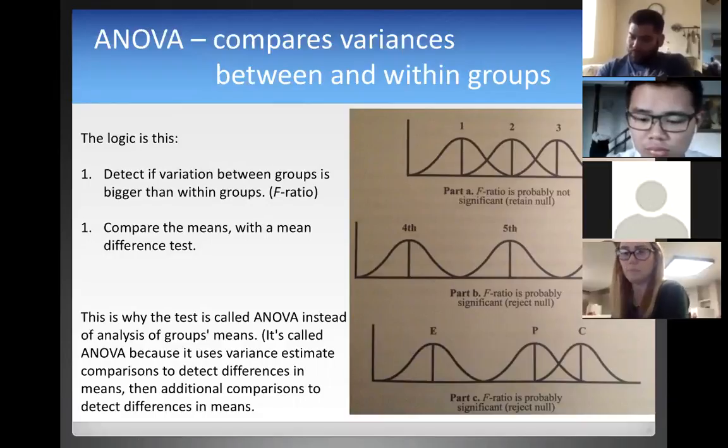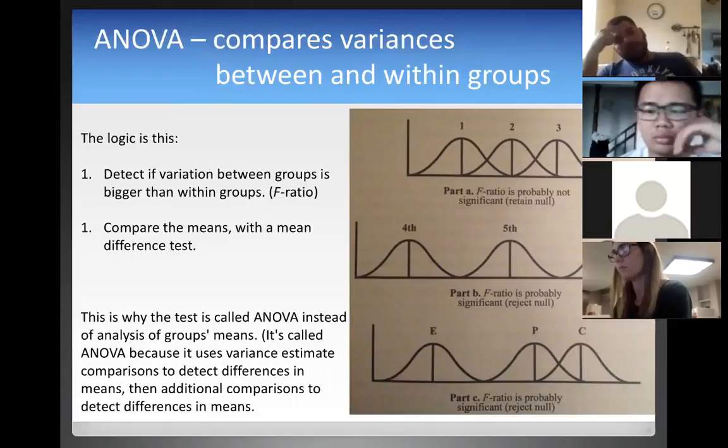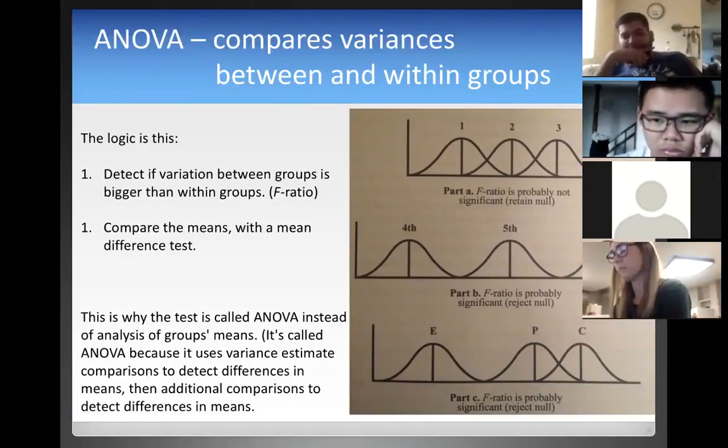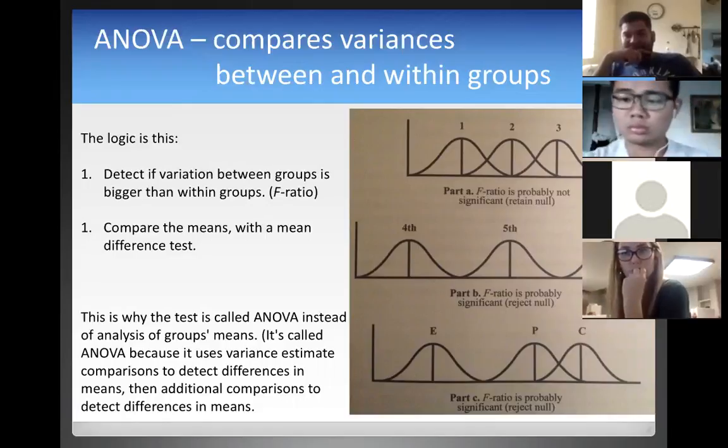If one of your sections has a 55 in a reading test and the other section has a 56, by now, you know that there is some variation with each estimate. So although 56 is higher than 55, you might say, well, I'm not 100% sure that they're actually different from each other.